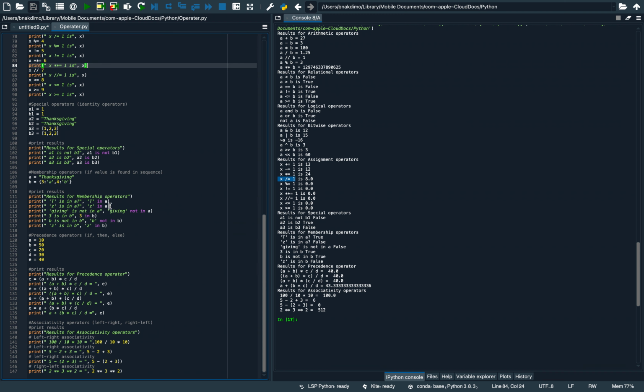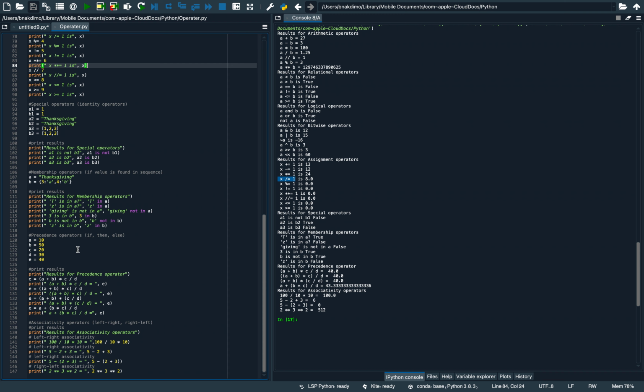Or is z in the variable a, which I wrote as Thanksgiving, and no, z isn't in Thanksgiving, and it tells you it's false. Is giving not in a, and that's false because giving is in it. So it's basically just asking, is a certain value or object in the list or in the string, and it tells you true or false.